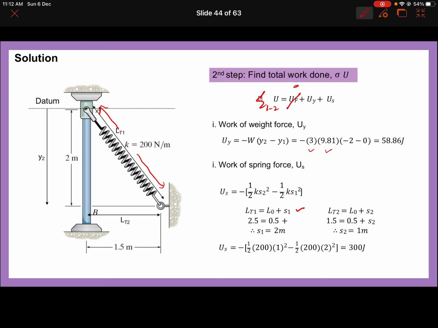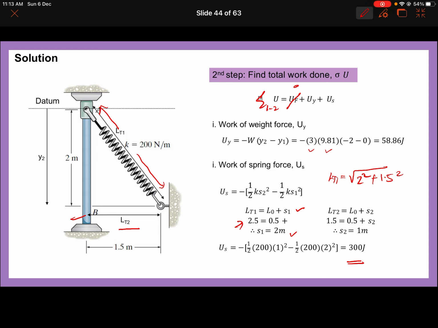So find LT1: LT1 is equal to the square root of 2 squared plus 1.5 squared, so we get 2.5, and then substitute to get S1. The same goes for LT2. When it reaches B, LT2 is equal to 1.5. Substitute and get the 300 joule.